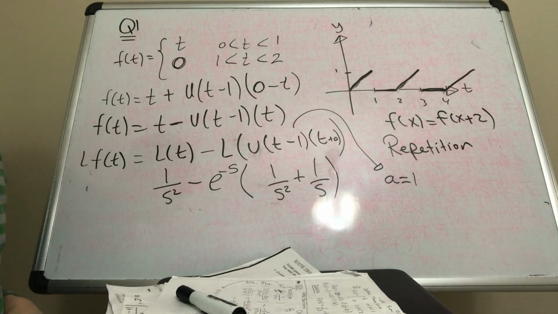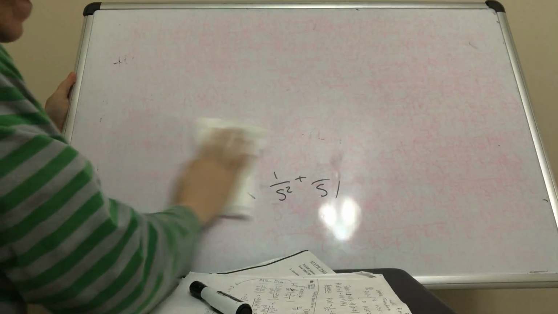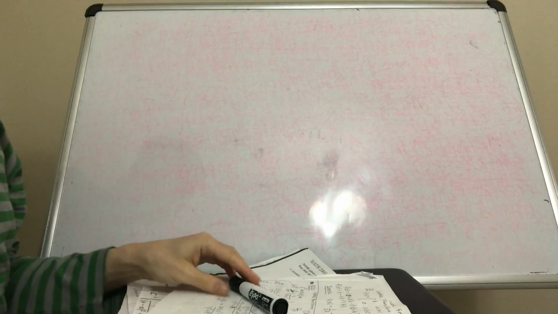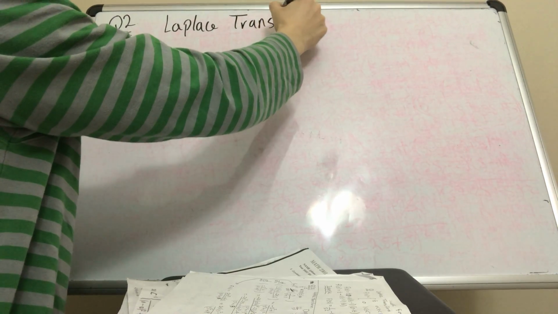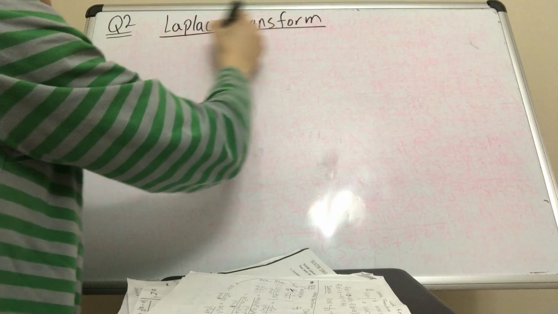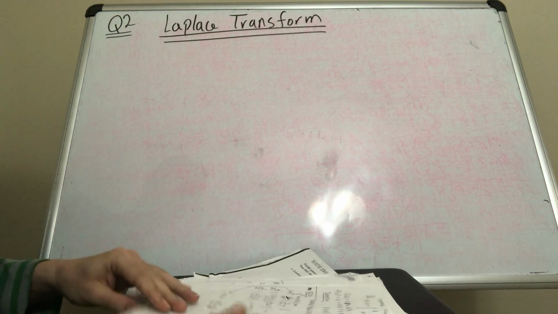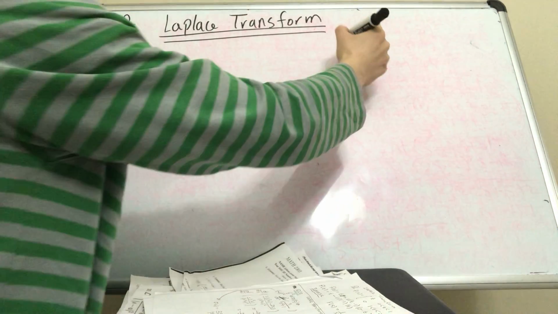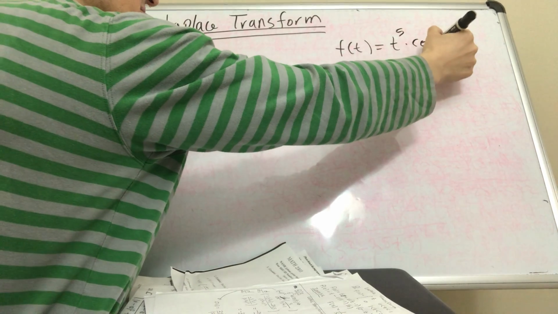We're going to do question number 2. The question A was t to the power 5 cosine t.